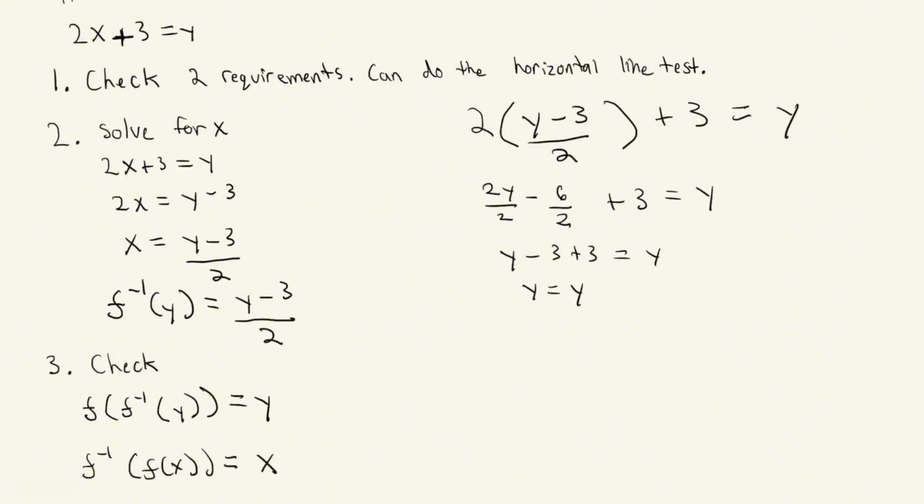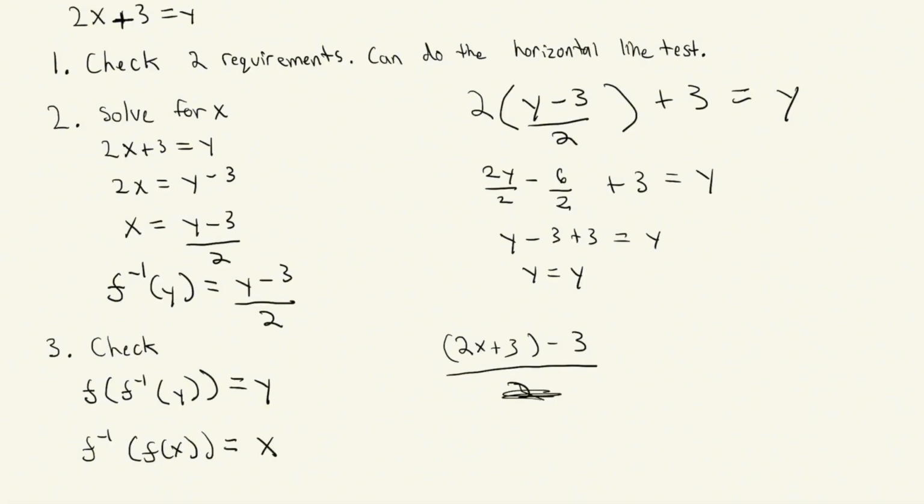So that's going to look something like this: (2x plus 3 minus 3) divided by 2. And if we solve for this, what we're going to get is 2x divided by 2, which is equal to just x, which is exactly what we'd expect.